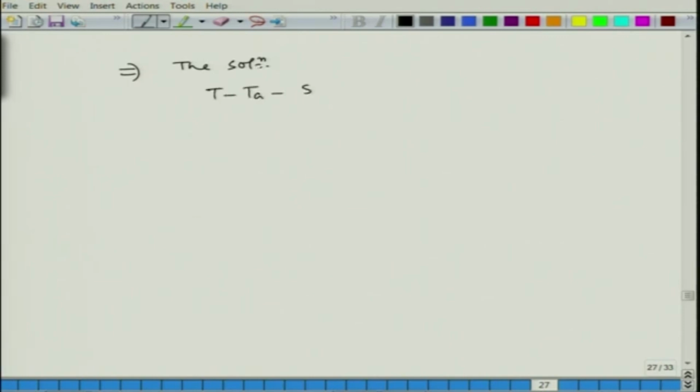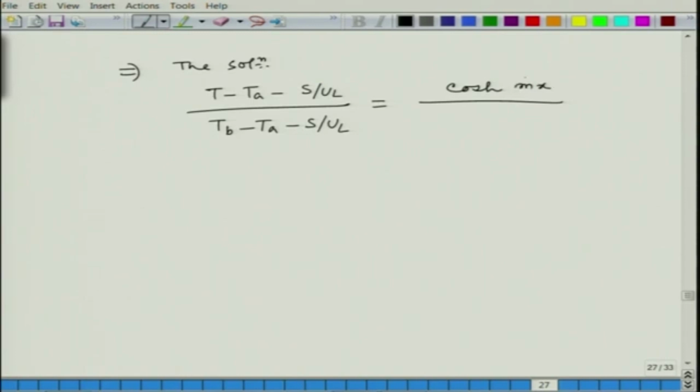The solution is T minus T_a minus S over U_L equals T_b minus T_a minus S over U_L times hyperbolic cosine of mx divided by hyperbolic cosine of m(W minus d by 2), where m is the square root of U_L divided by k delta.